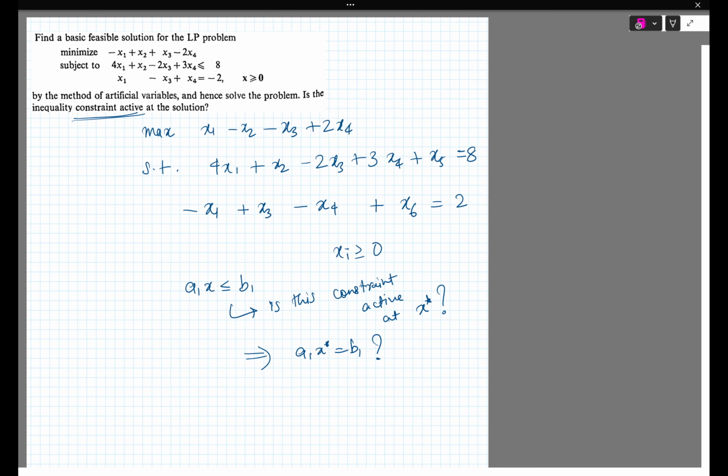If it is equal to b1, then it is active. If it is less than b1, it is inactive. It is satisfied but inactive.